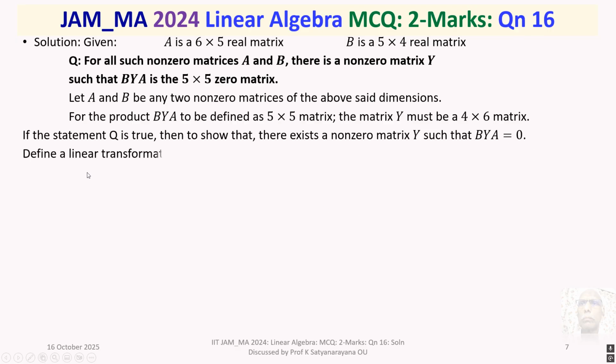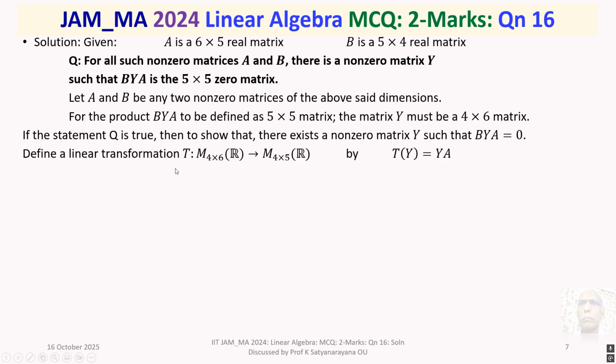Now, define a linear transformation T from the space of all 4 by 6 matrices over R, M 4 by 6 R, to M 4 by 5 R. This is also a vector space, defined by T of Y, where Y is a 4 by 6 matrix, equal to YA. YA will be Y is 4 by 6, A is 6 by 5, and the outcome is 4 by 5. So, correct.